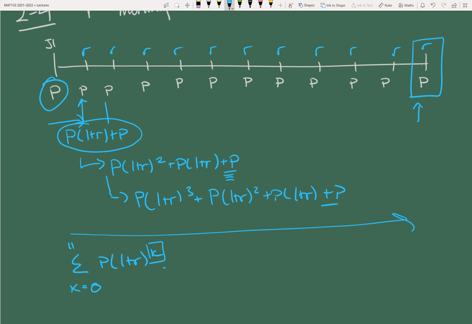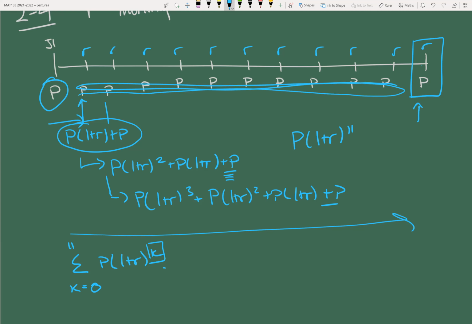Just count the number of R's it's gone through. It's 11. And so that is the principal that's grown the most. If we didn't do any of these other principals, and we asked how much money is in the account at the end of the year, it's P times 1 plus R to the power of 11.